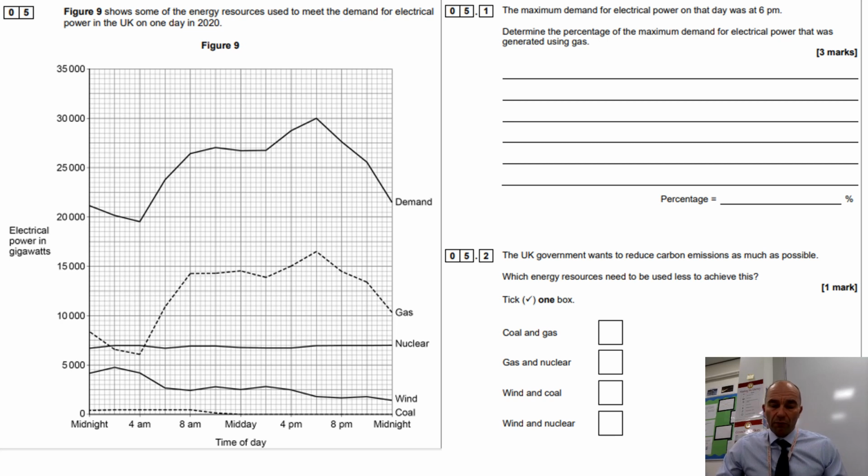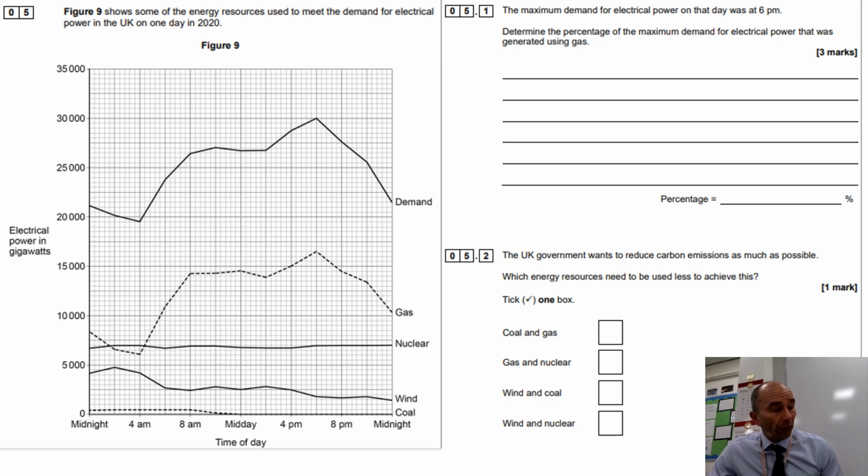Alright, question 5.1. We've got a whole load of data here which shows the energy resources used to meet the demands for electrical power in the UK just for one day in 2020. The question is asking: the maximum demand for electrical power on that day was at 6 p.m. Determine the percentage of the maximum demand for electrical power that was generated using gas.